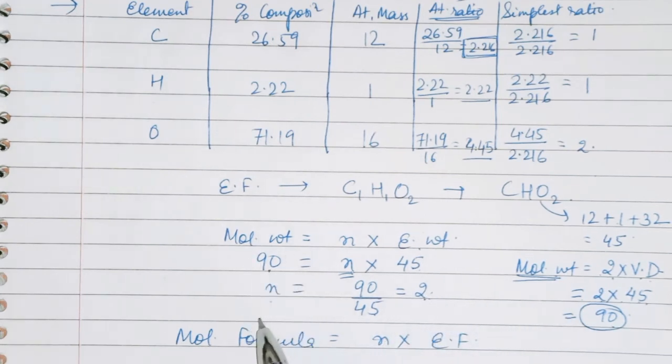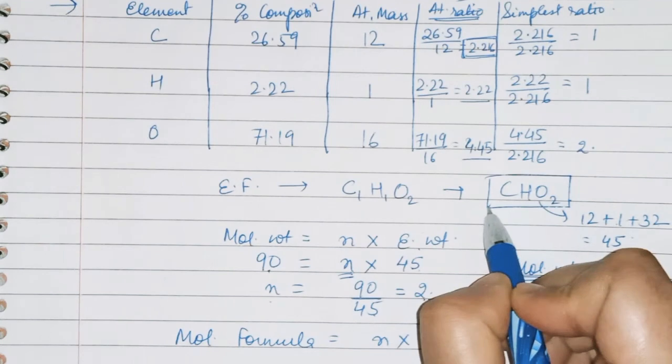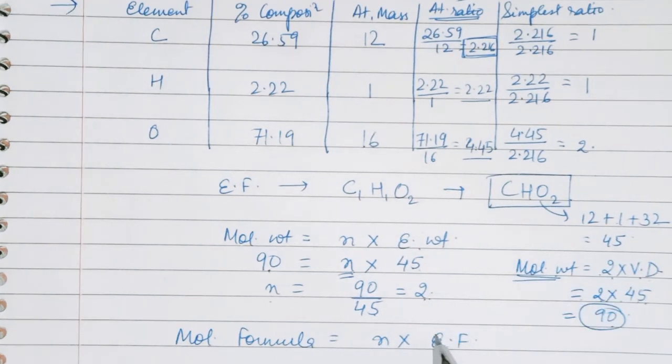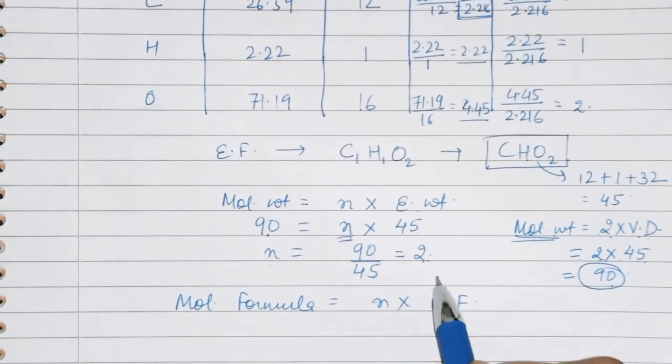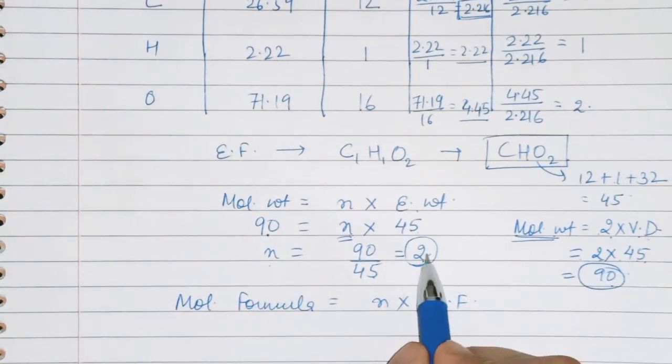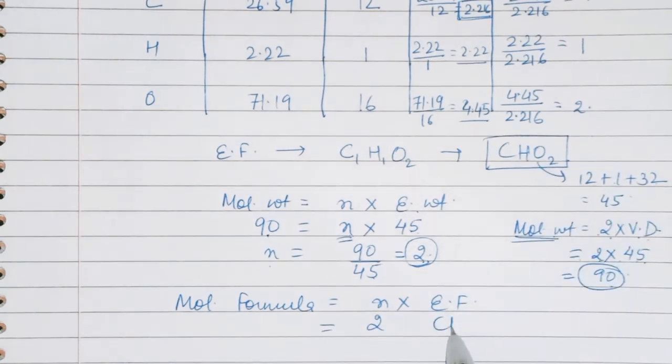Now in your question you have to calculate the molecular formula also. The empirical formula you have calculated, that is CHO2, and molecular formula is n into empirical formula. Now children, the value of n you have calculated is 2. So put 2 over here. The empirical formula is CHO2. So it will be like this. And now multiply this 2 by the empirical formula. You will get C2H2O4.